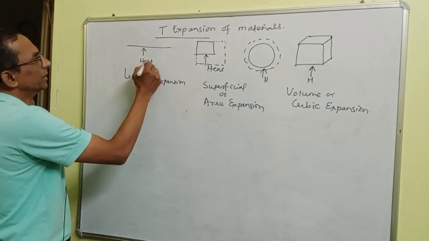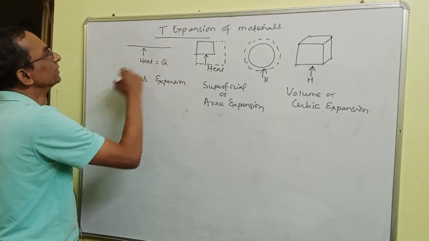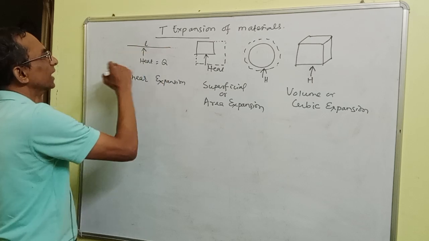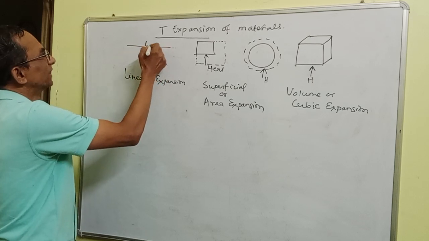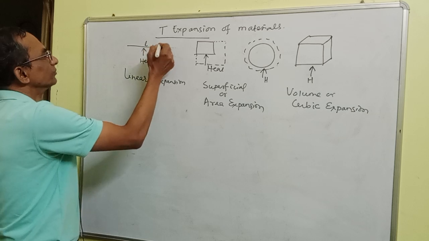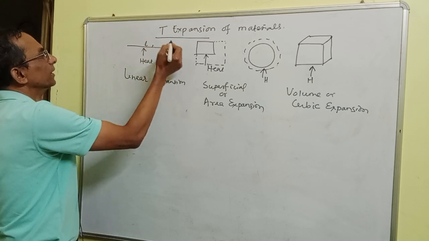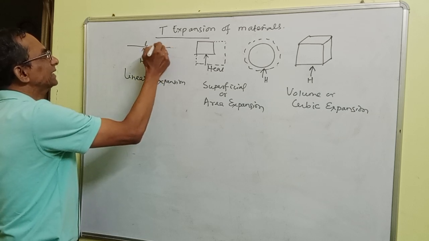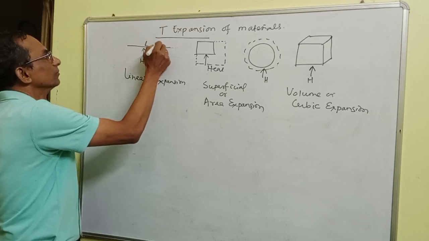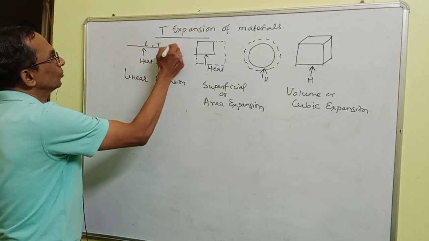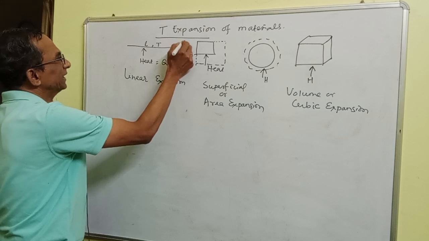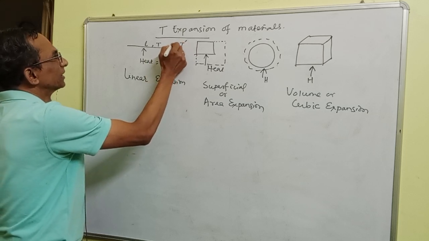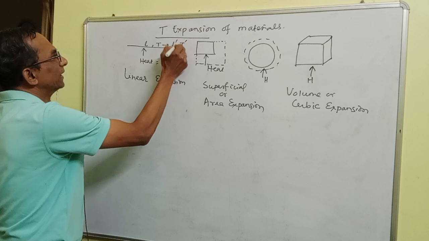Suppose here amount of heat Q is given and original length was L. Now temperature of this material has increased from T to T dash and length became L dash.